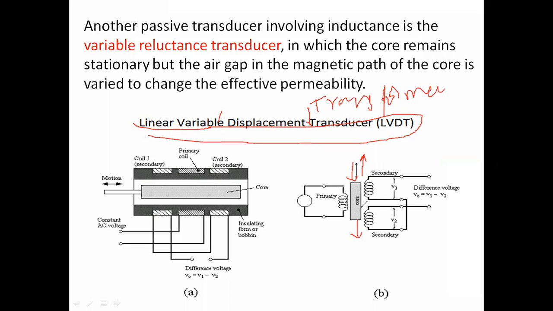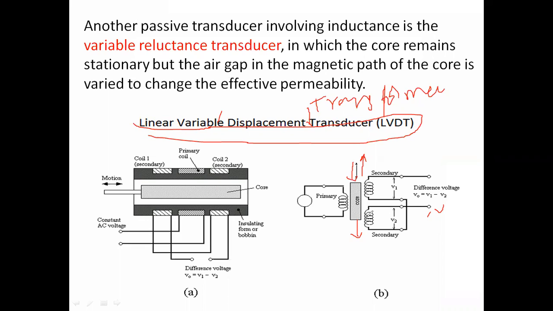Due to that, the flux linkages are more with secondary winding 2 and less with secondary winding 1, and the voltage V0 is equal to V1 minus V2. So in this case we will get a minus V0. That is, V0 is equal to minus V2.